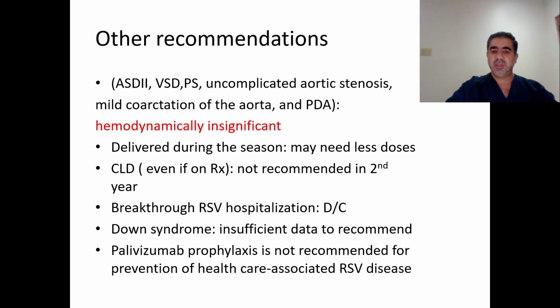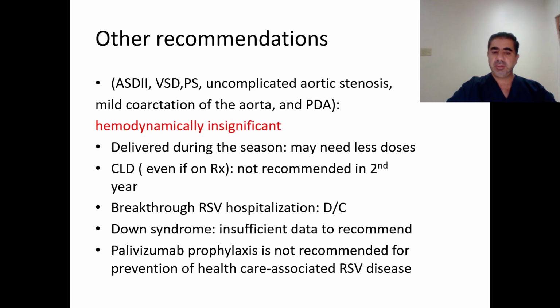If the baby is delivered during the season, he may need fewer doses. So let's say that the baby is delivered in December, and the first dose will be in January. So he will receive in January, February, and March. This means 3 doses, and we need not complete 5 doses for the prophylaxis.